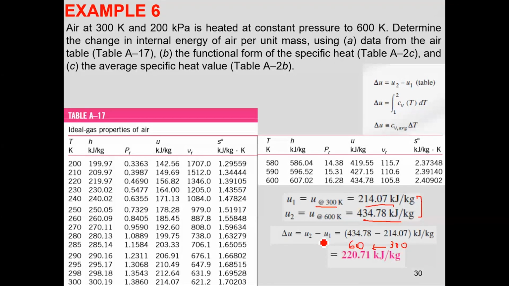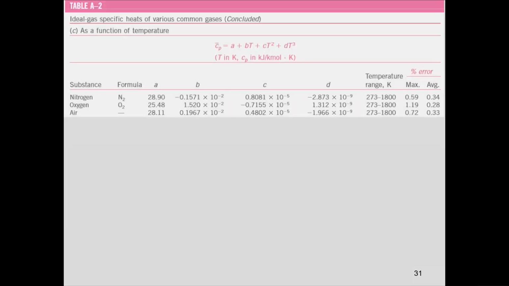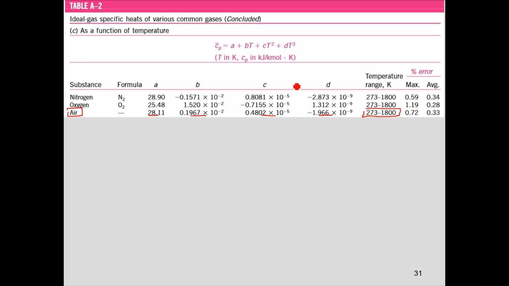Now the second thing is when you have to use the functional form, which is table A2C. If you go to table A2C, you'll see air as the substance. The A, B, C, and D values are given for this temperature range, and the Cp relationship is A plus BT plus CT squared plus DT cubed.